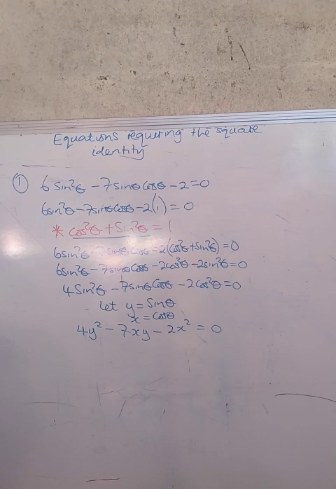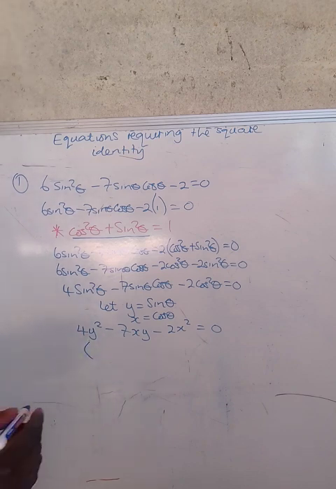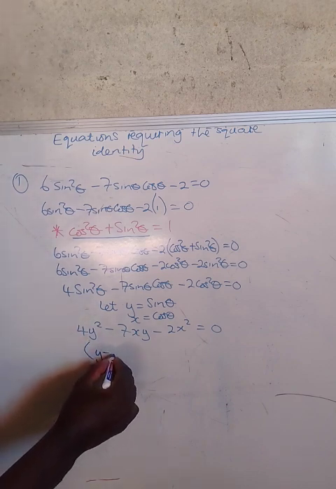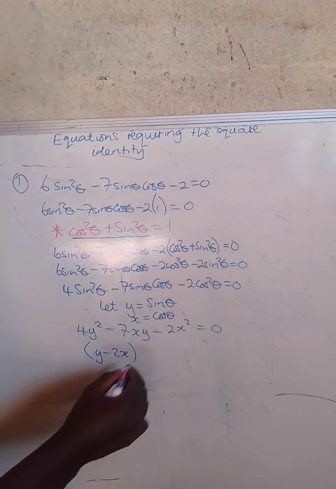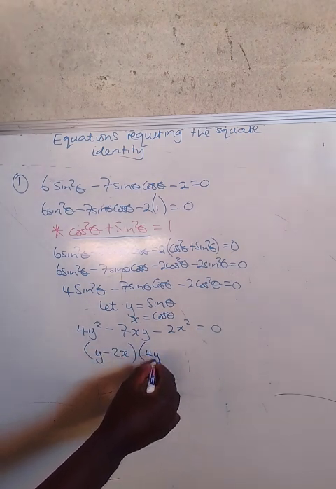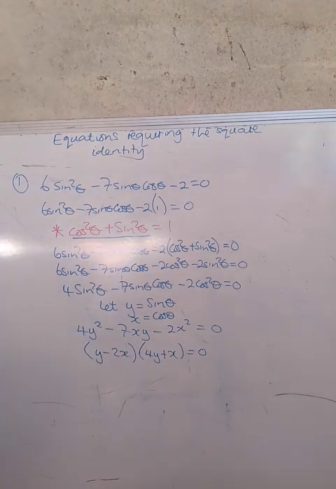So that's how we are going to factorize that. So we have factorized already. We are going to get y minus 2x like this. Then we have 4y plus x is equal to 0.